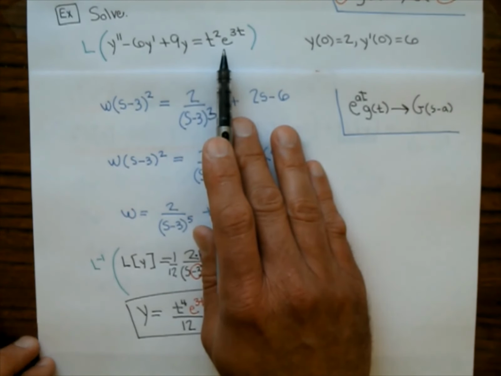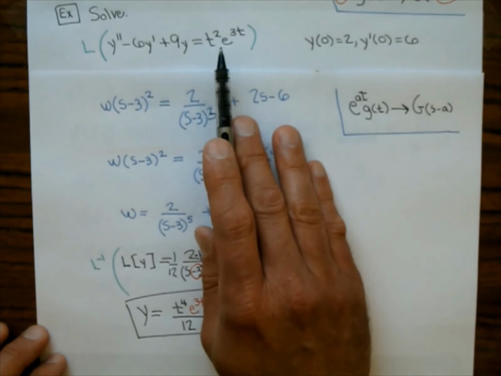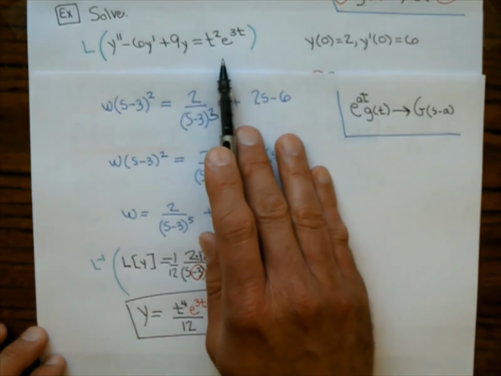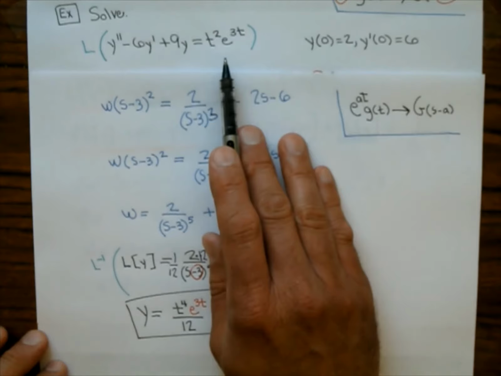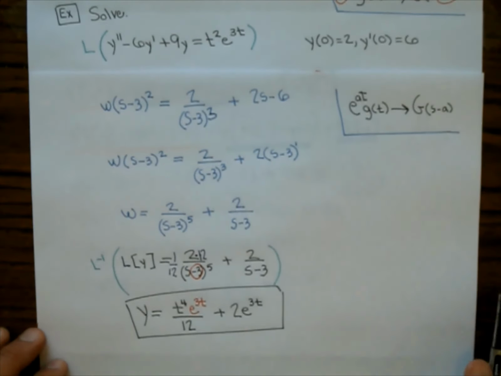I mean, there's something called the Dirac delta function. In the real world, weird things can happen for the driving function. And the Laplace transform does a really good job with some of those weird functions. So this completes 10.5.